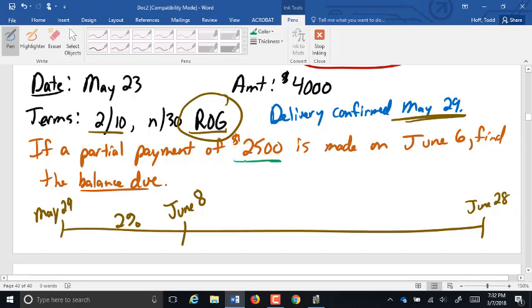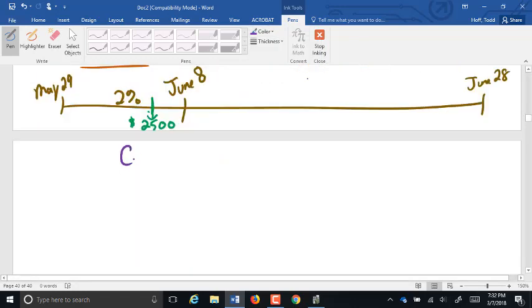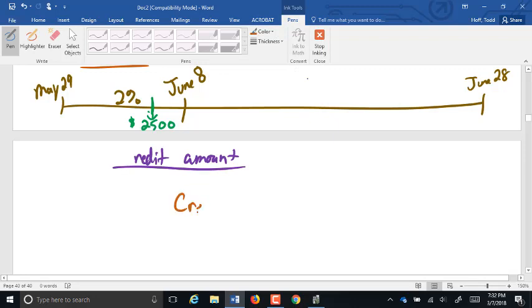Their partial payment of $2,500 falls June 6th. So they paid $2,500 on June 6th. They get credit for that 2% discount. So we need to find the amount of credit. So the credit amount is multiplied by what number? 0.98, because of the 2% discount. 100 minus 2 is 98%, so that is 0.98.